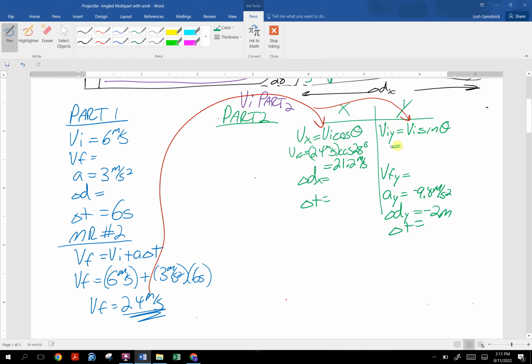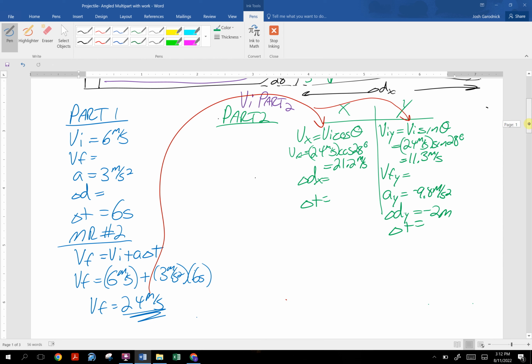And the initial y velocity is 24 meters per second times sine 28 degrees, which gives me a speed of 11.3 meters per second. Yippee. All right. Our goal here is to get the horizontal distance. That is question A. So we need to get the horizontal distance, which means we're going to need the time.